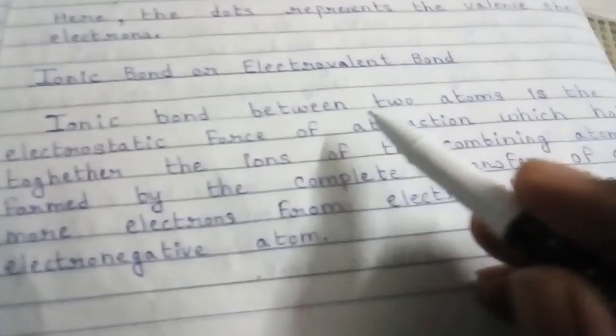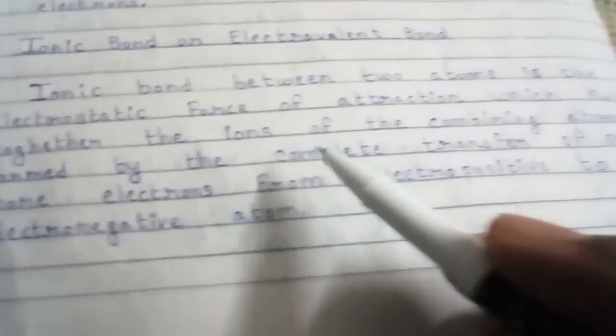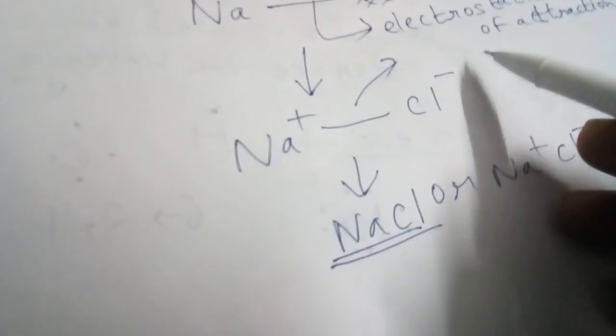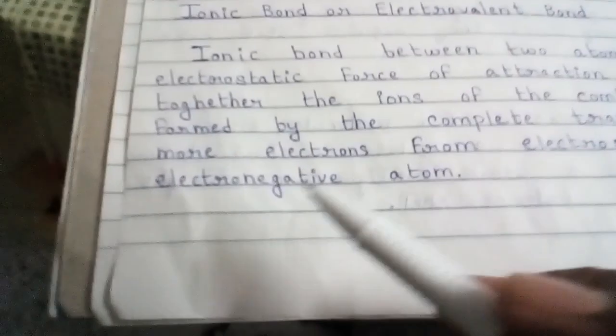Again, see this definition. Ionic bond between two atoms is the electrostatic force of attraction which holds together the ions of the combining atoms, formed by the complete transfer of one or more electrons.